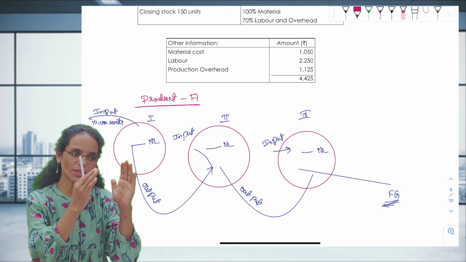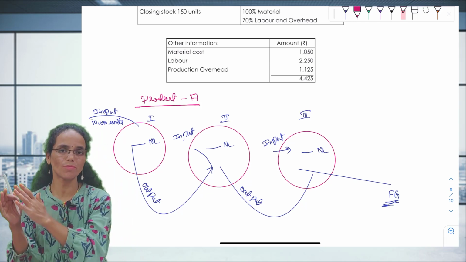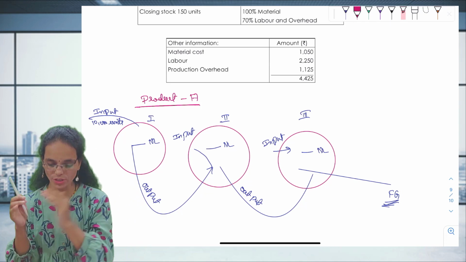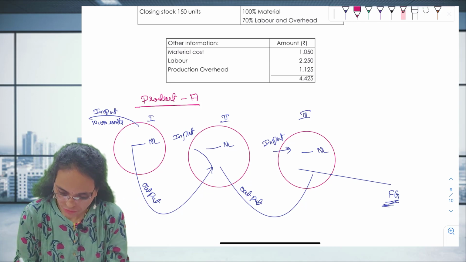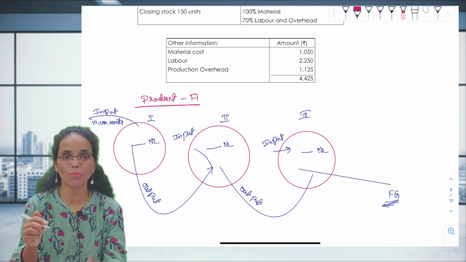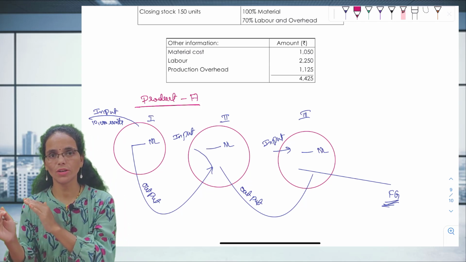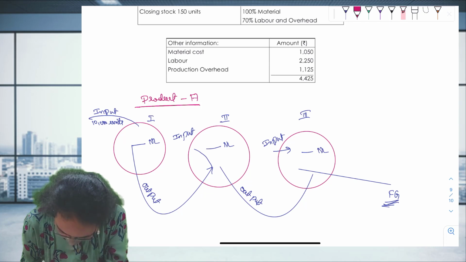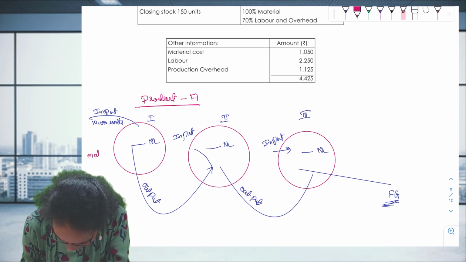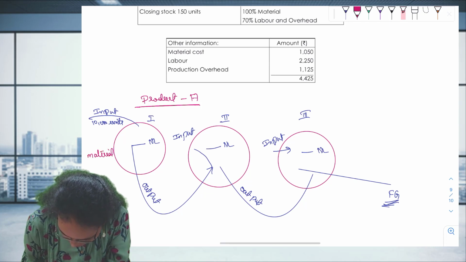It has to undergo different processes. So here I am inserting some material, labor and overheads.